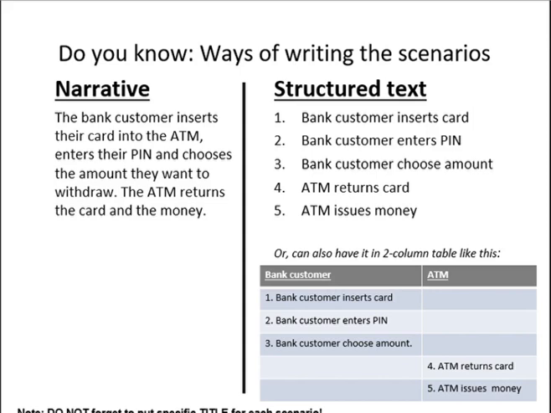For example, number 1, number 2, number 3 are about the bank customer, but step 4 is actually done by the machine or the system. So step 4 must be written under the ATM column. This is an option, an alternative to the structured text 1, 2, 3 above. You can also use the table. So it's up to you. You can choose which one. But either way, you have to do it.